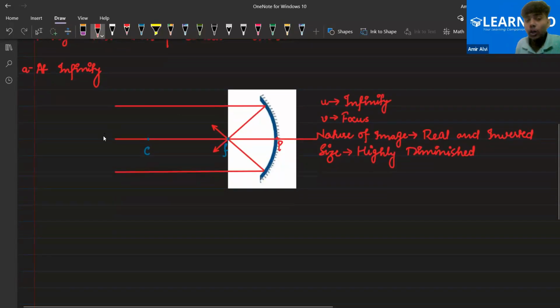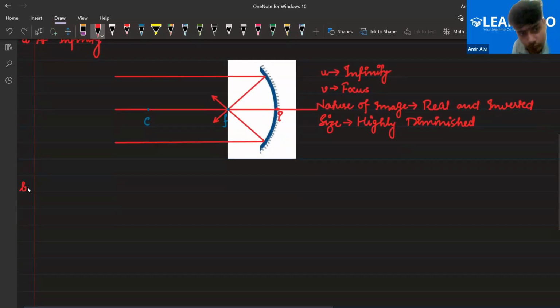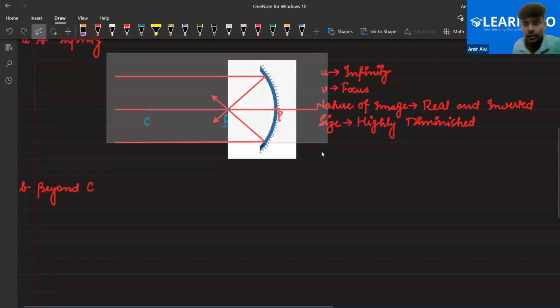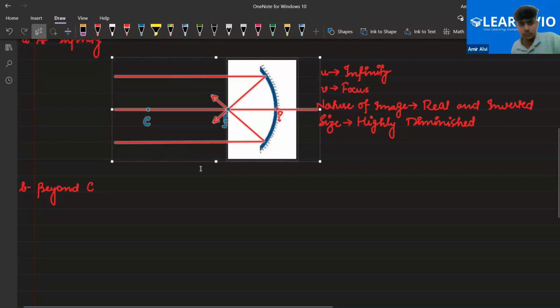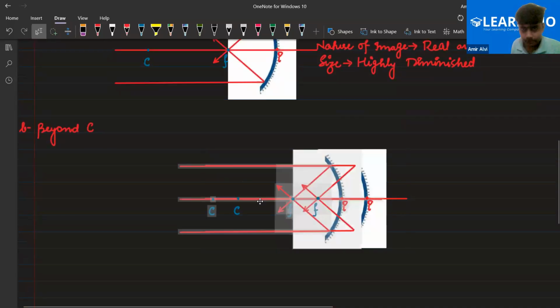And the next case would be, now the object will come towards the pole. When the object was at infinity, now the object will be beyond C. Object will be at beyond C. So let me copy this thing and paste it over here.